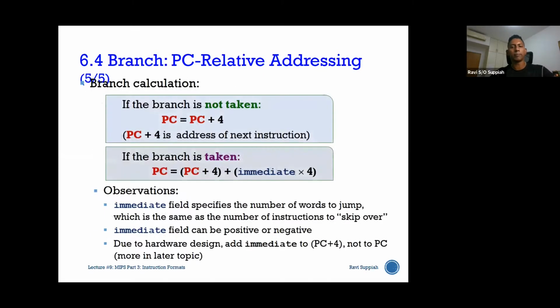Now, in terms of branch calculation, if the branch is not taken, your PC is always PC plus 4. So what does this mean?